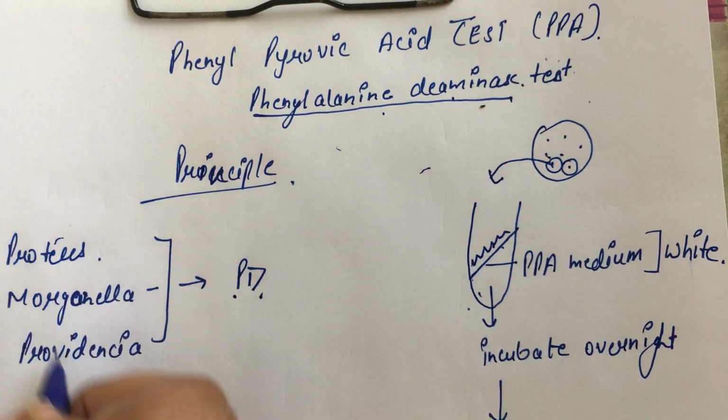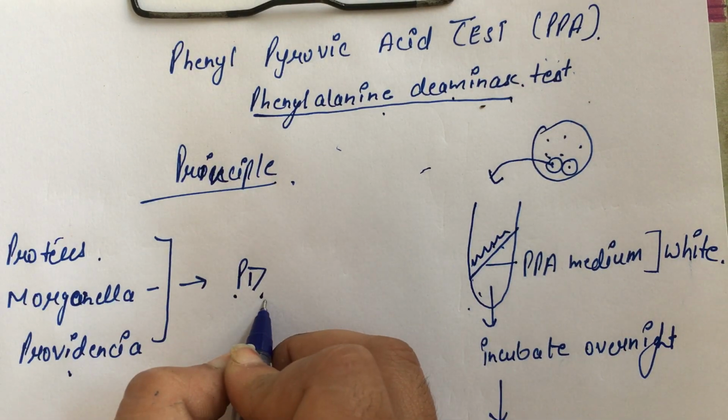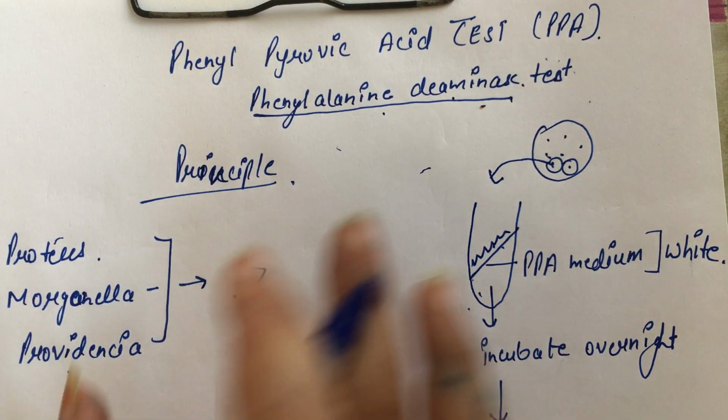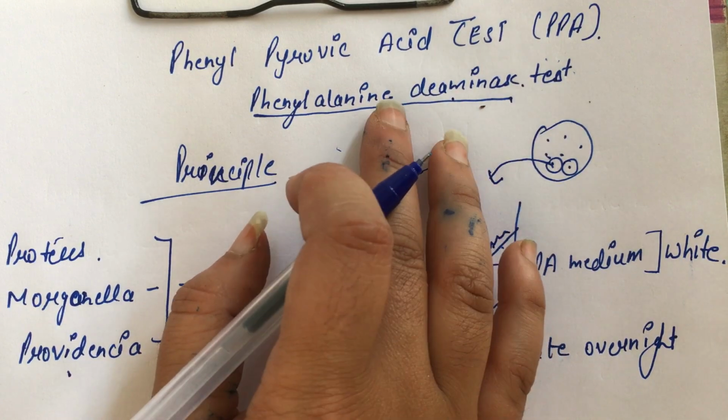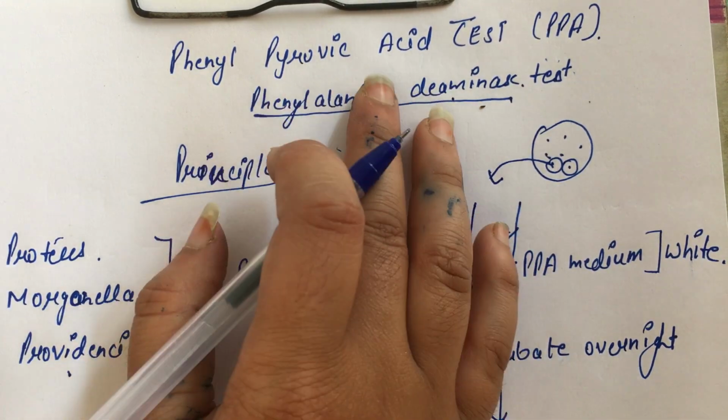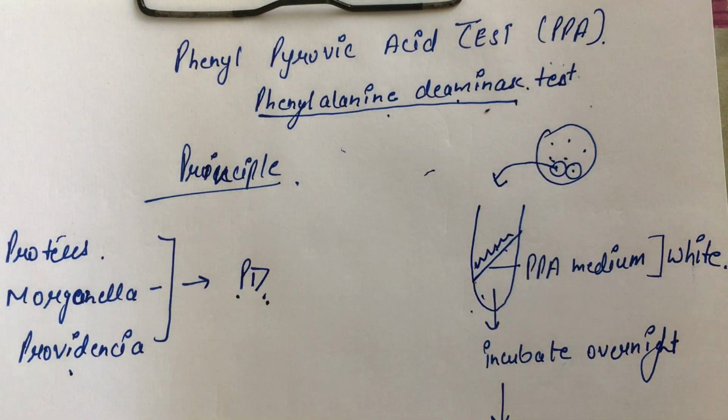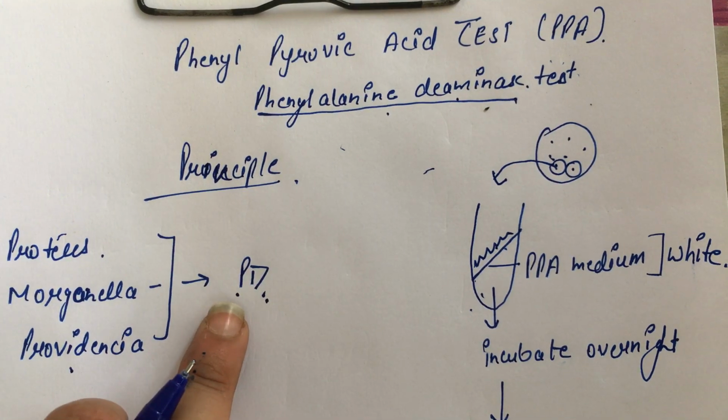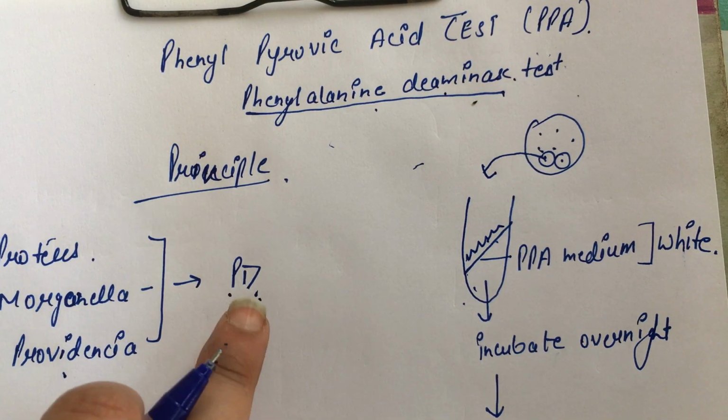Okay, these bacteria can easily produce phenylalanine deaminase enzyme. The main thing that we need to detect in this phenylpyruvic acid test is whether the bacteria is producing phenylalanine deaminase enzyme or not.